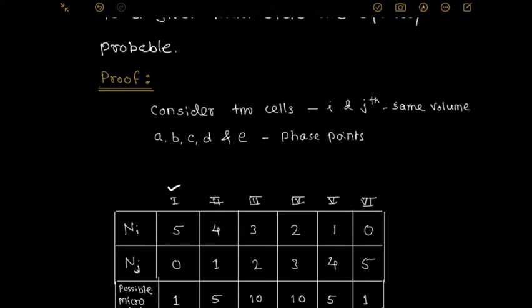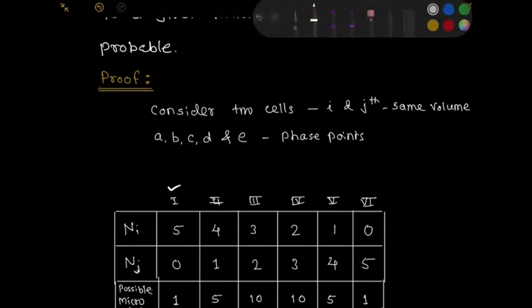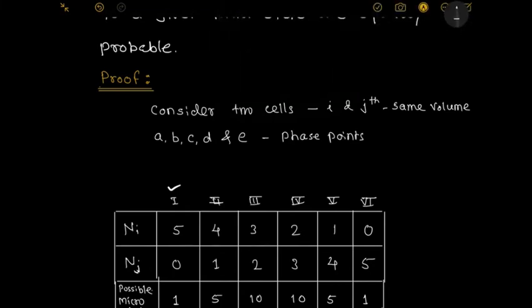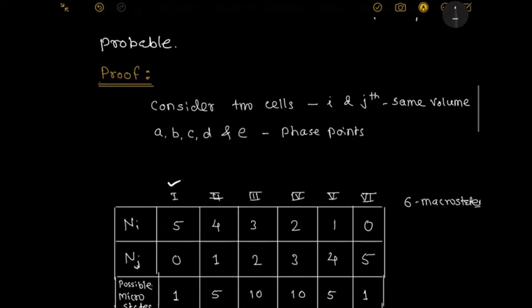In that way, if 5 phase points are distributed in two cells, we get 6 macrostates, and the total number of possible microstates is 32. Hence the microstates are 32. Now how do we get the 32?